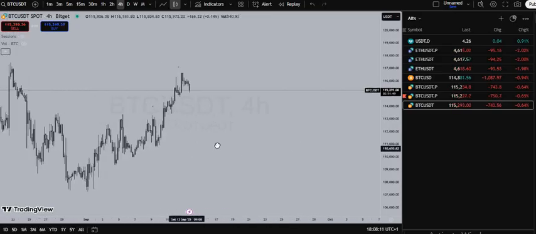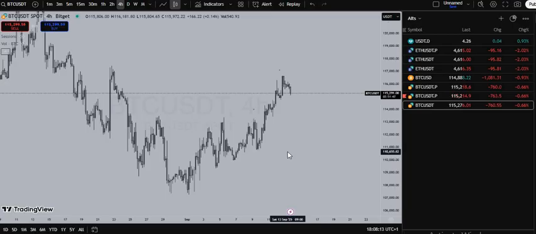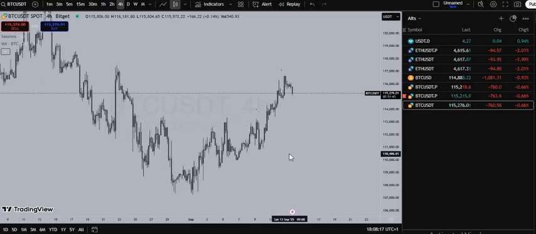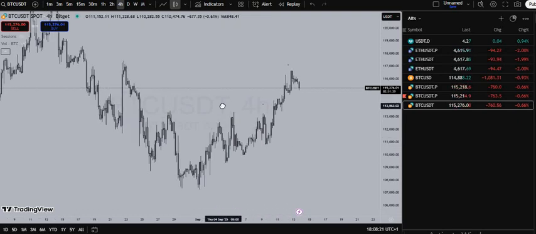So I am looking at the 4 hours time frame as my biggest time frame right now for the purpose of this video and for the purpose of this analysis. If the 4 hours time frame is my biggest time frame, then the 4 hour structure is my swing structure, my external structure.